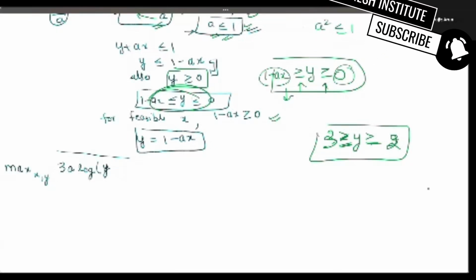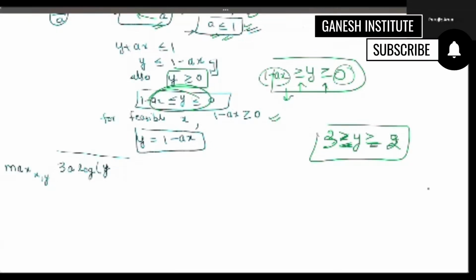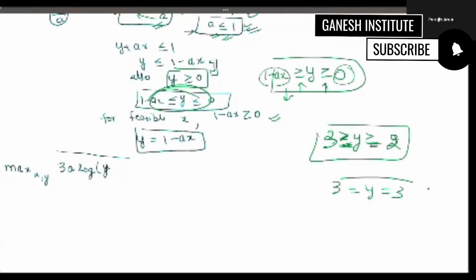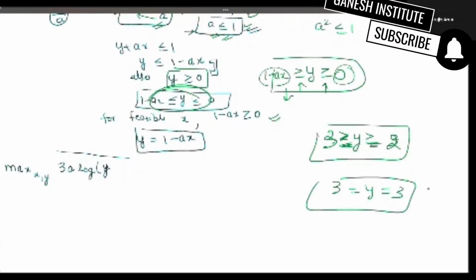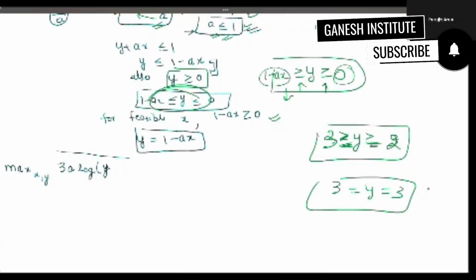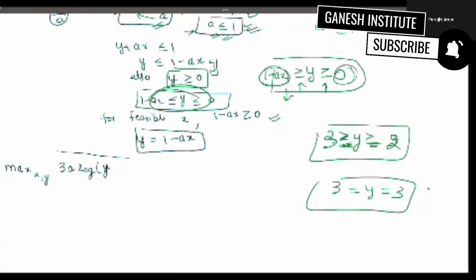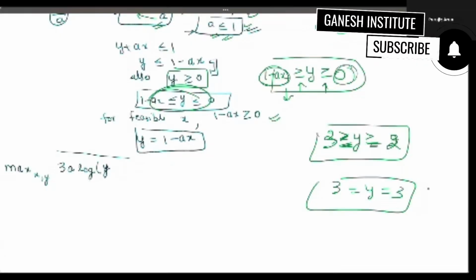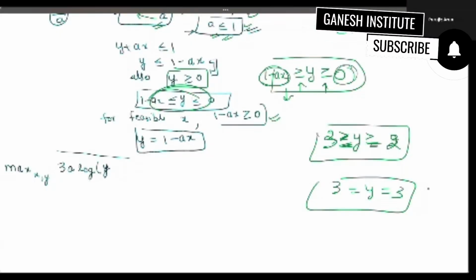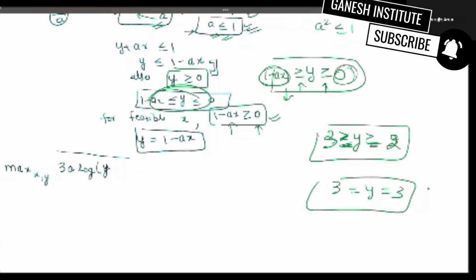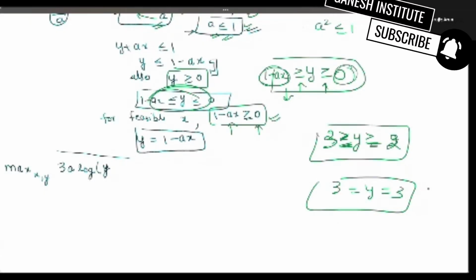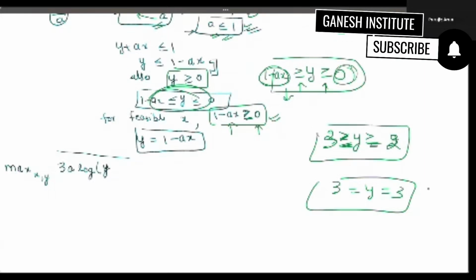If I take equal, then it is ultimately this only. But if I take other values than the equality, then of course 1 minus ax has to be greater than 0. So this is one such value. Either these two will be equal, 1 minus ax will be 0 only, or greater. Is this fine?